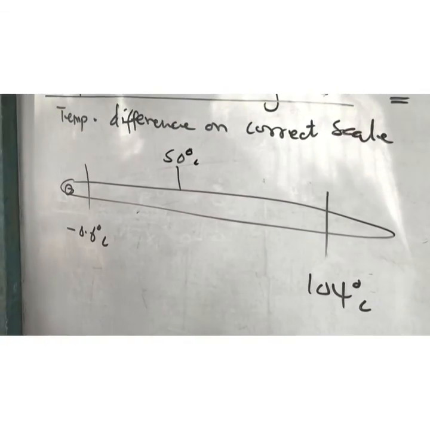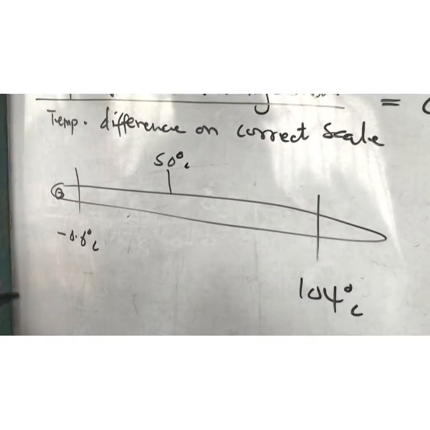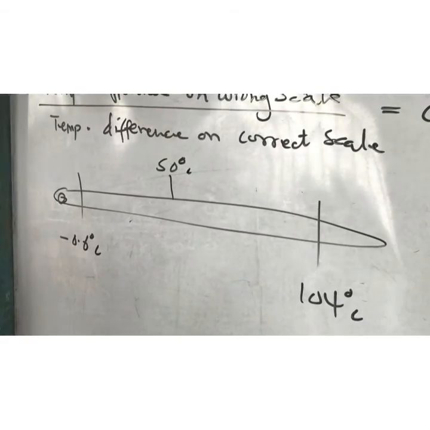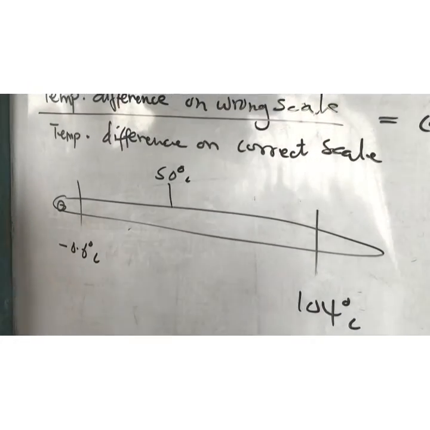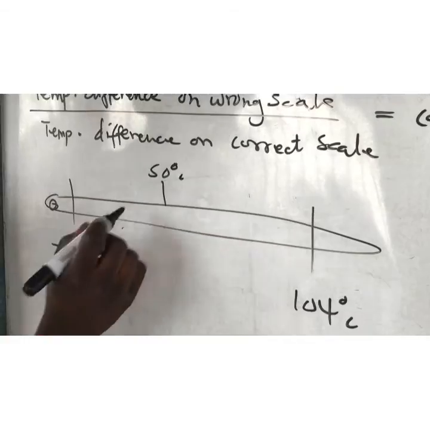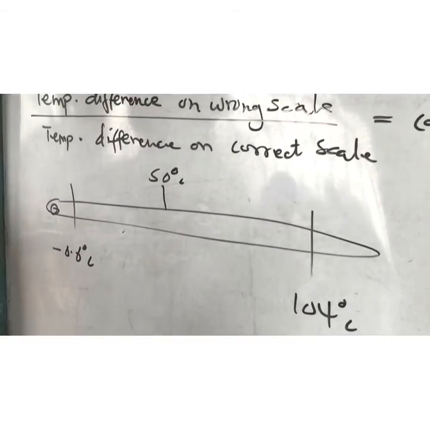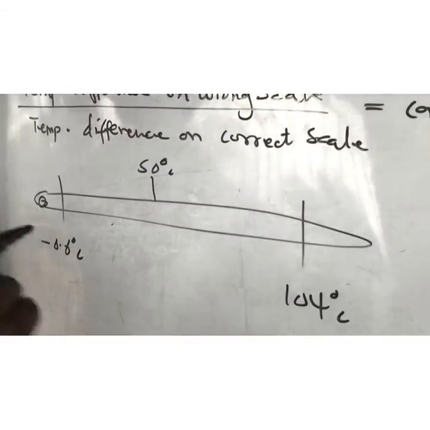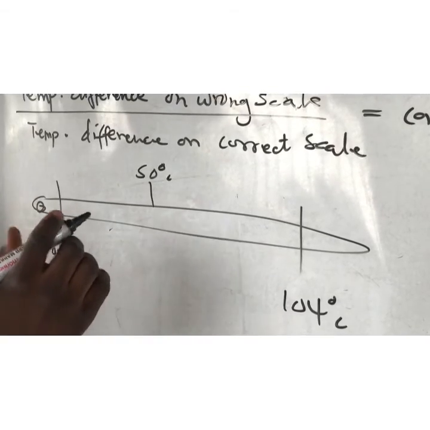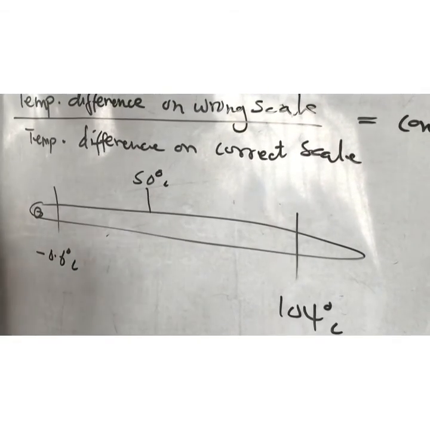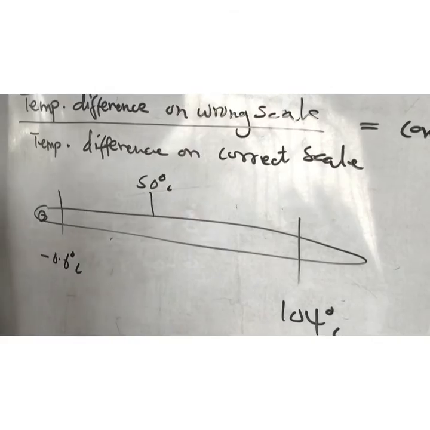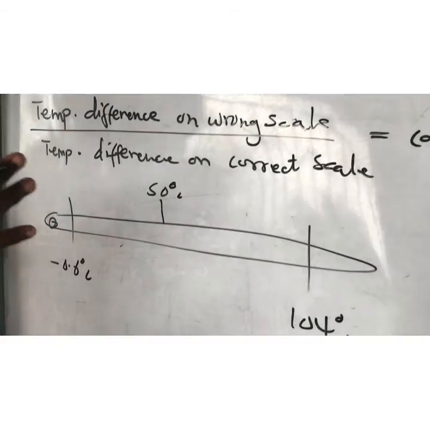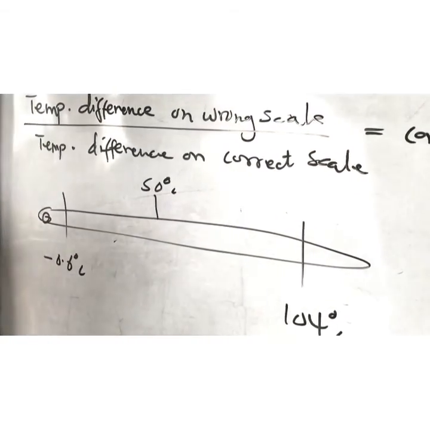What is the question saying? What will be the reading on the faulty thermometer if it is applied to the body? Meaning that this 50 degrees Celsius is being read on the correct scale. So we are going to bring into concept our ideology of the correct scale of the thermometer.